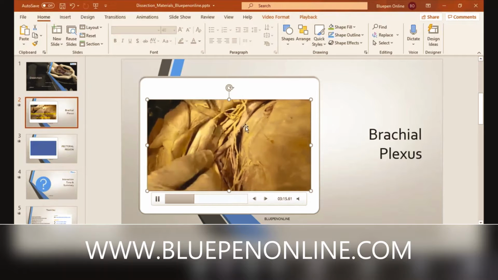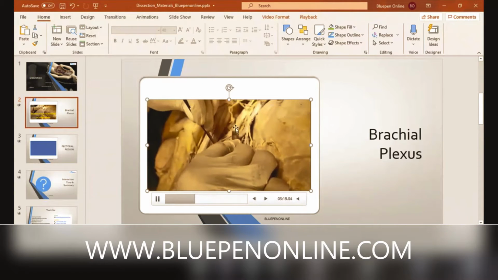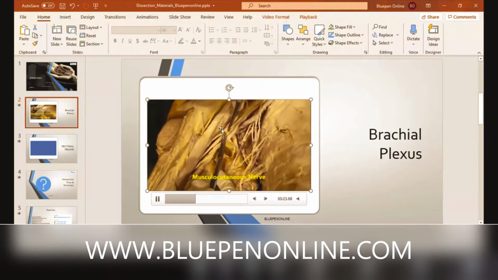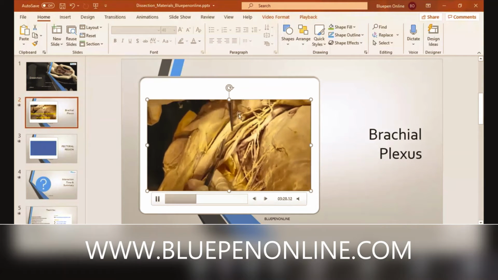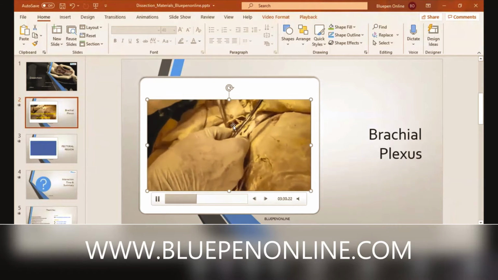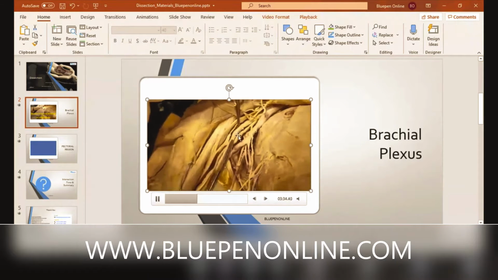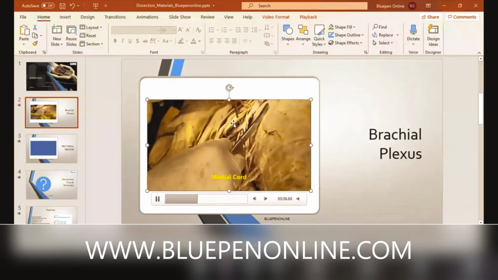How you will identify the medial pectoral nerve? I'll show you once again. This is the musculocutaneous nerve. This is the lateral cord. This is the medial cord.